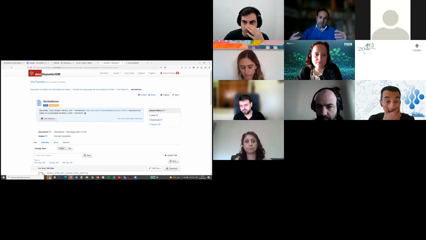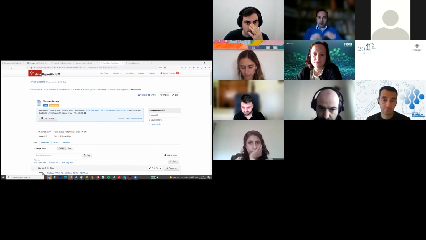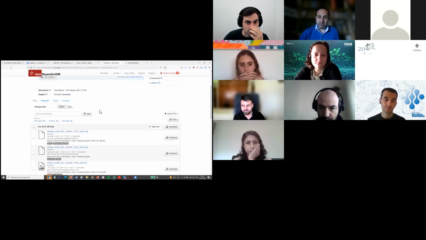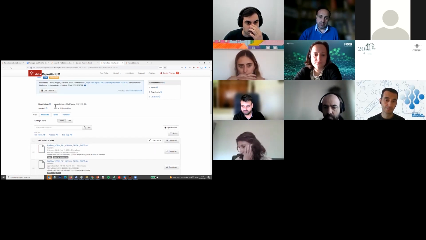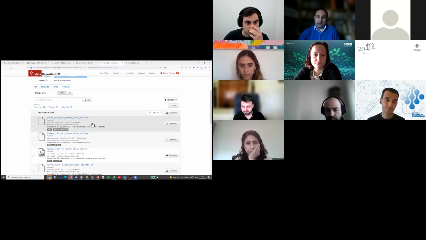People can create datasets, upload files, document, progress, enrich, and then at some point they are able to publish and share it with the world. This is what they are doing in this excavation. They are doing the work. They started in Côa Park. They are putting the files here.